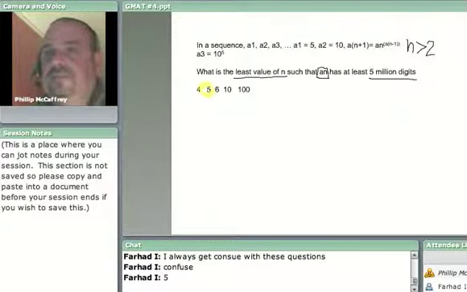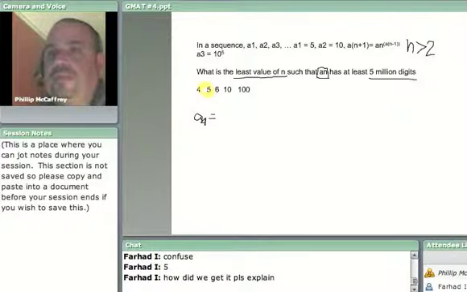The answer is 5. If you go in and you do a sub 4, a sub 4, let's put in a sub 3, which is 10 to the 5th. Got to know your powers of 10 for this test.